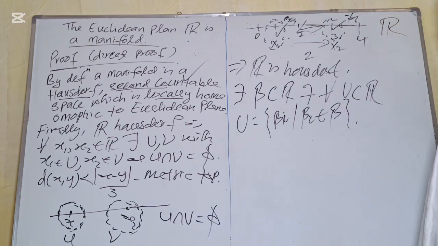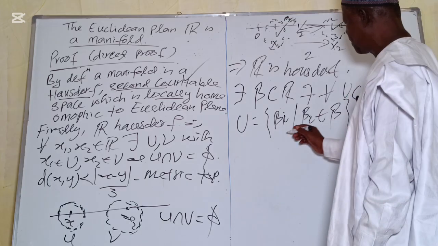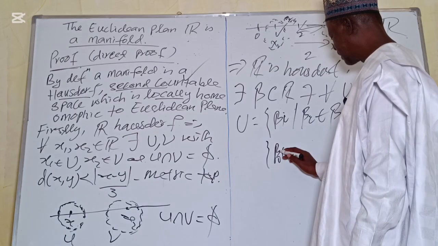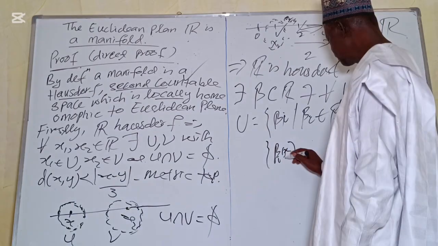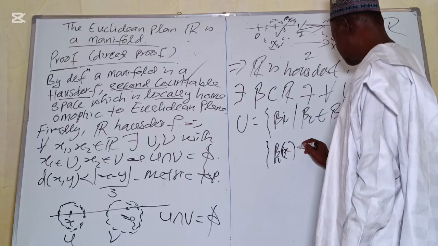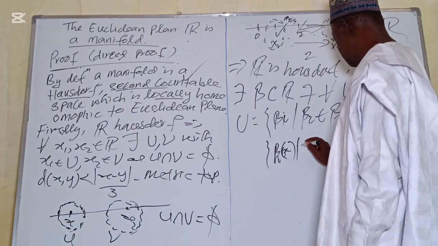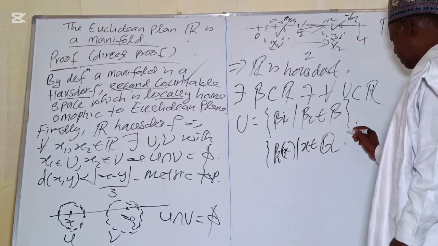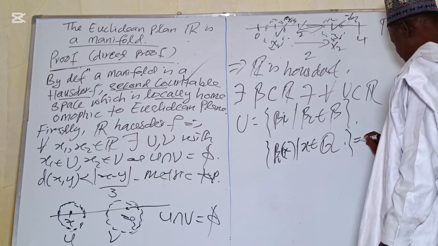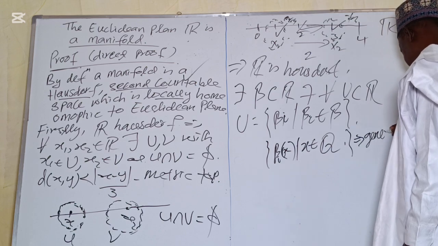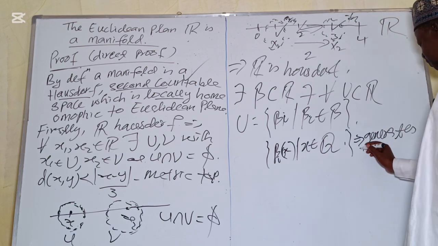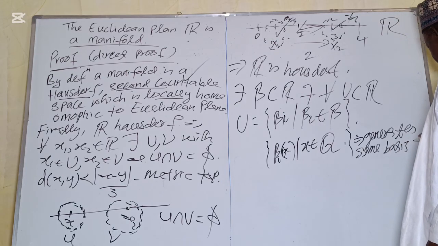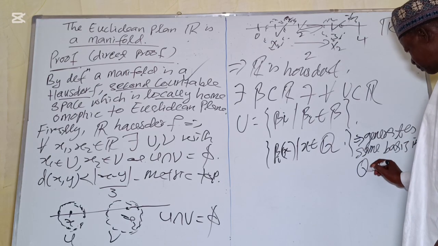Now, supposing you form a ball B_i of x, where you require x to be in Q, the set of rational numbers. This is going to generate a basis.